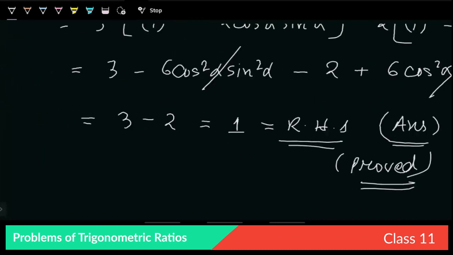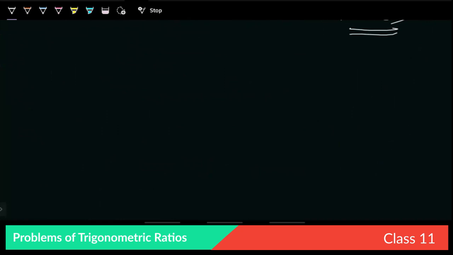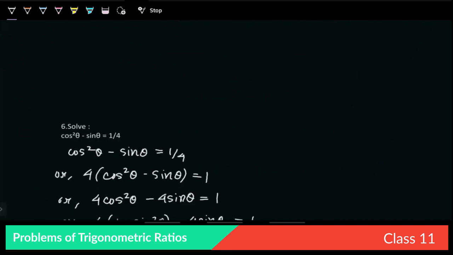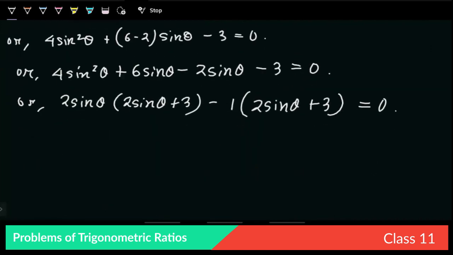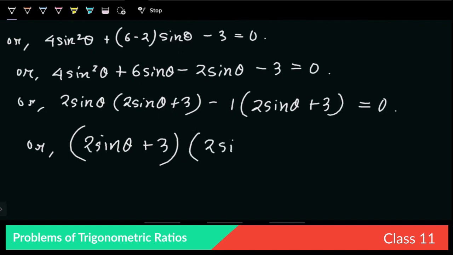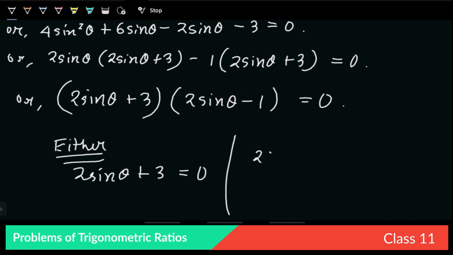So ultimately our factors will be 2 sine theta plus 3 into 2 sine theta minus 1 equals 0. So either 2 sine theta plus 3 equals 0, or 2 sine theta minus 1 equals 0.